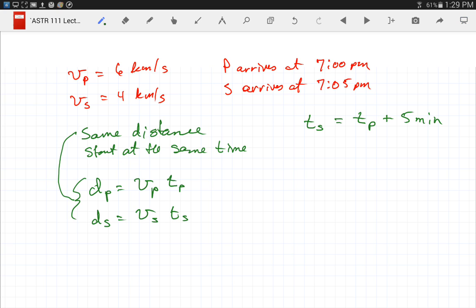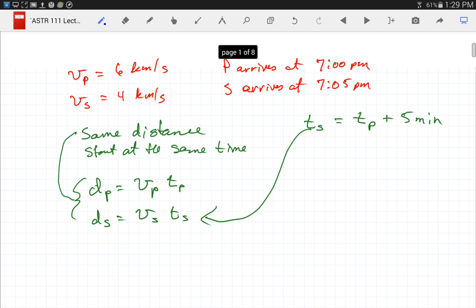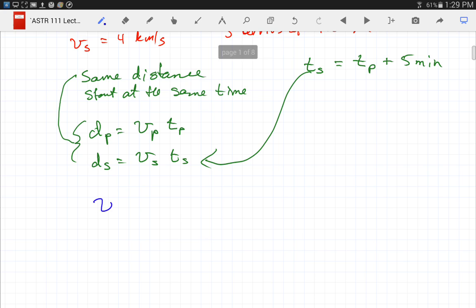I'll pay attention to the units and we'll see how it works out. They're the same distance, so I'm going to set the distances equal to each other and substitute for the time for the secondary wave. So doing those two things, I will have the speed of the primary wave multiplied by the time for the primary wave is equal to the speed for the secondary wave multiplied by the time for the primary plus 5 minutes.